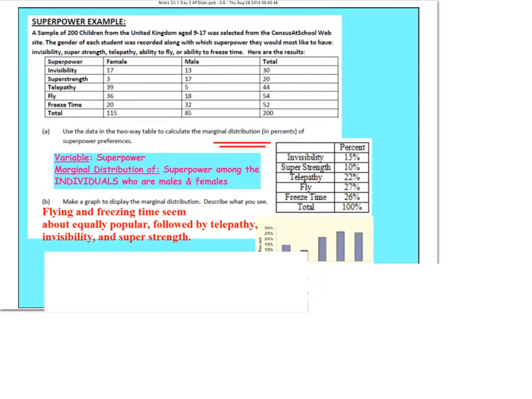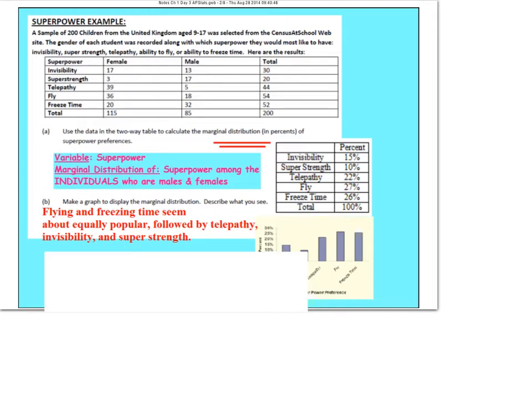Okay, part B, they want us to make a graph to display the marginal distribution and describe what you see. So for making our graph, the superpowers are going to be on the horizontal axis, and our labels for the percents will be on the vertical. We're going to make sure to label everything. That particular graph could look something like this. Now, what do we see?